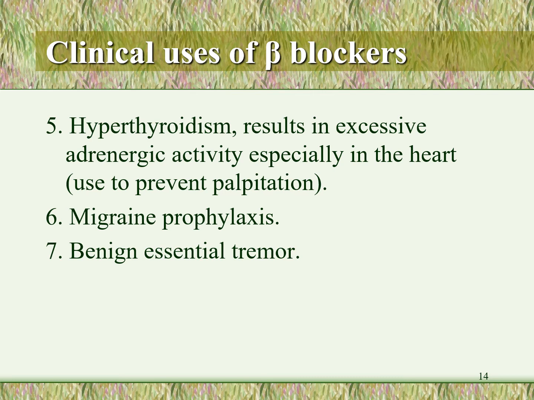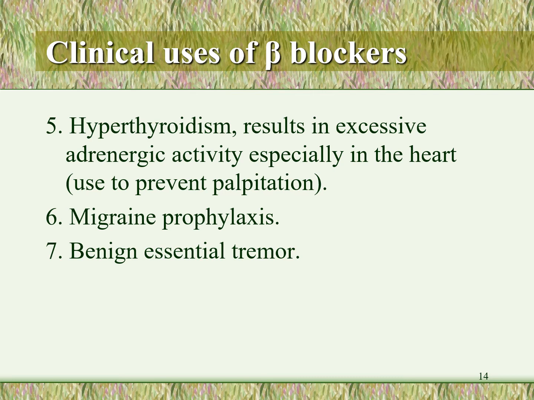So some of the patients that suffer from this benign essential tremor can be treated by a beta blocker, because a non-selective beta blocker can block this type of beta receptor. So the activation of this receptor by adrenergic agonists will lead to tremor.